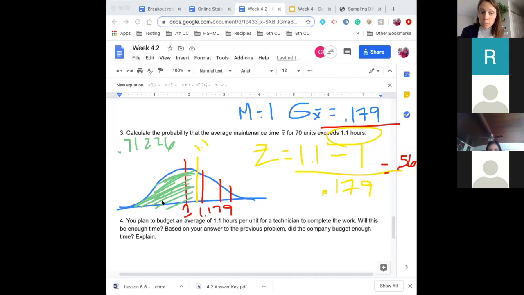No one knows what's below 1.1 and then in between. Exactly. Nice, Rama. Yes, we subtract from 1, because we want to see what is this stuff up here. So Rama suggested we take 1 minus 0.71226.